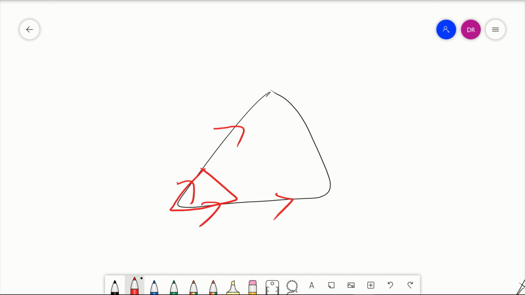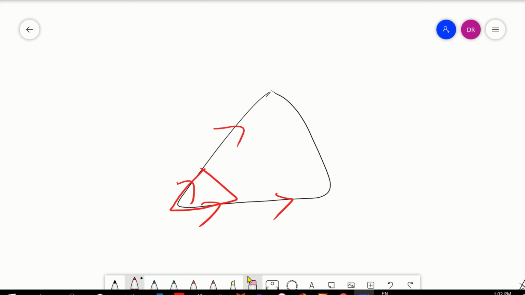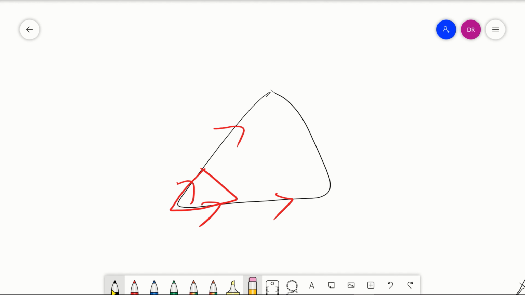Okay, let me just rewrite this because that doesn't make any sense, because they wouldn't be parallel if they're on the same line. Let's say we're told that this line is parallel to that line. Okay.